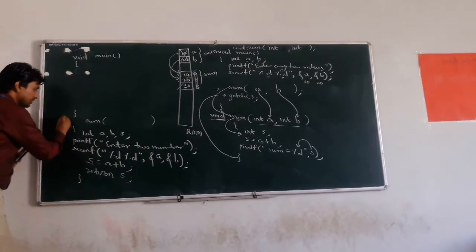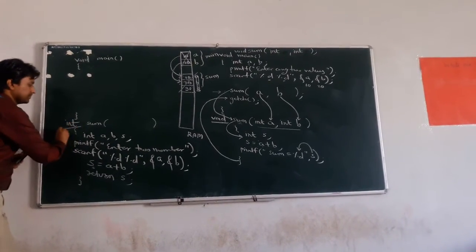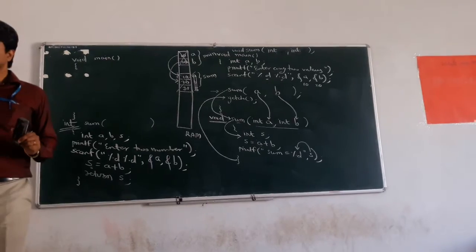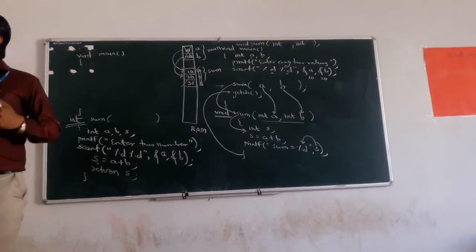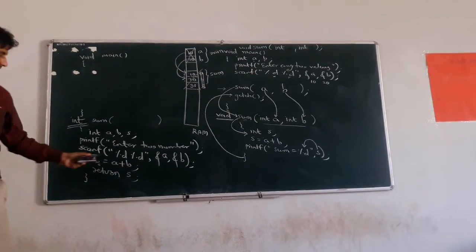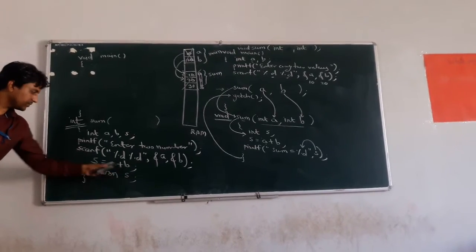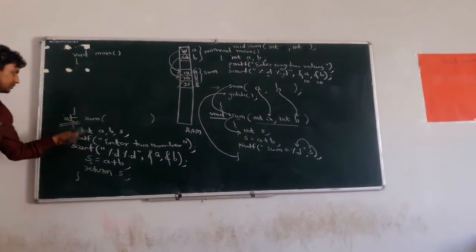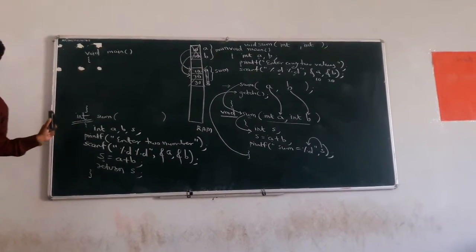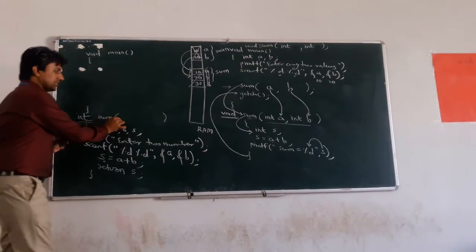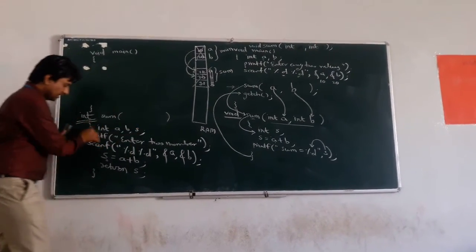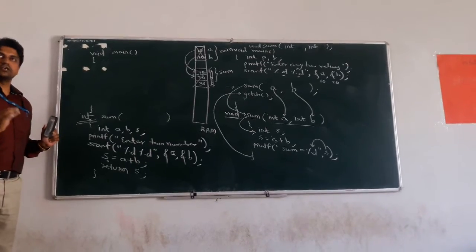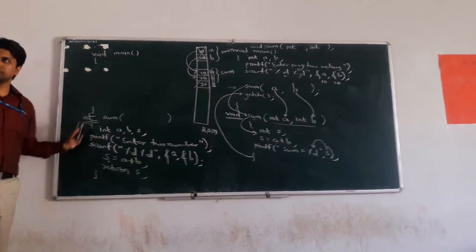So write the return type integer, because the sum function now returns the integer value s. Whatever the return value data type may be, you write it here. So now int sum, but there is no argument list, and this is the definition. Next part, the function definition is over.